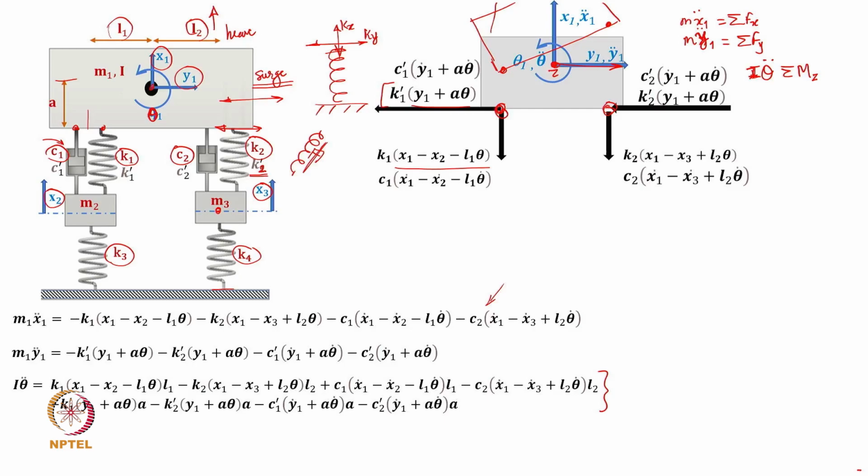Now, obviously, for applying Newton's law, we need to figure out their correct connection with the surroundings and what forces act on this free body. When you do that, these are all the forces which act. For example, the restoring force because of the suspension connection here would be K1 into (x1 minus x2 minus L1 theta).